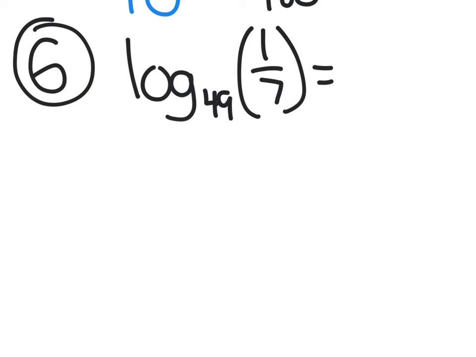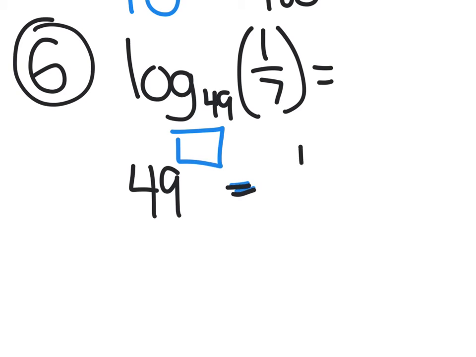How could you think about doing this? Let's change the logarithmic form to exponential form. The base of the logarithm will be the base of your exponent. So I have 49 to what power gives you the answer 1/7.